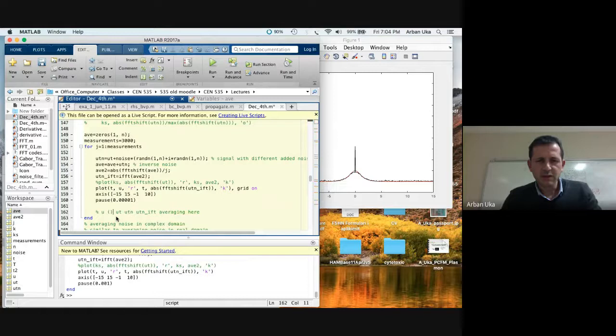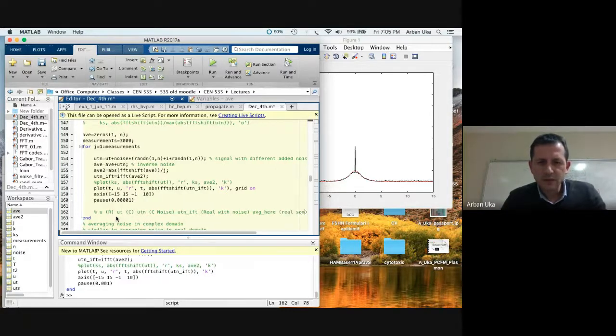So this is the real domain. This is the complex domain, UTN. This is the complex domain with noise. This is now the real domain with noise, because we do the inverse Fourier transform. And then we average in the real domain.